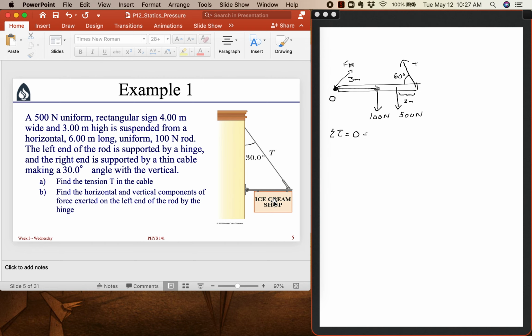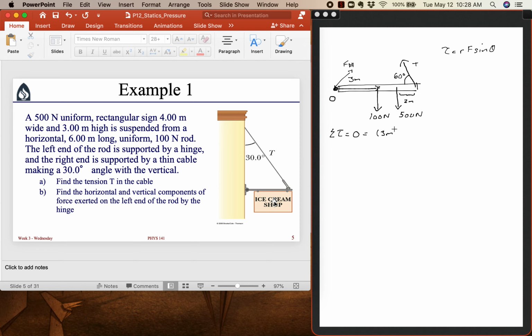So first off, the weight of the rod is going to exert a torque, and we know that torque generally is r F sine theta. The distance of our moment arm from the hinge, the origin, to where the weight is being applied is 3 meters.